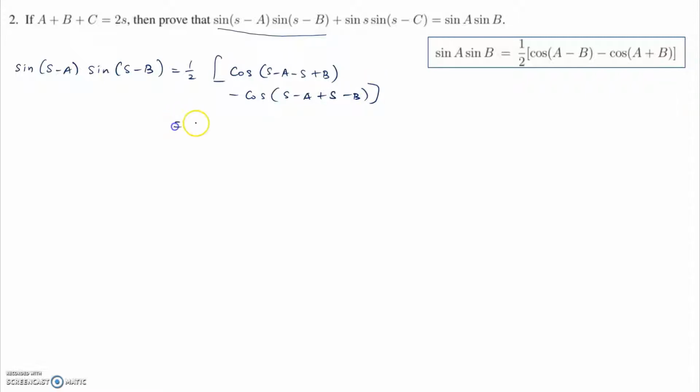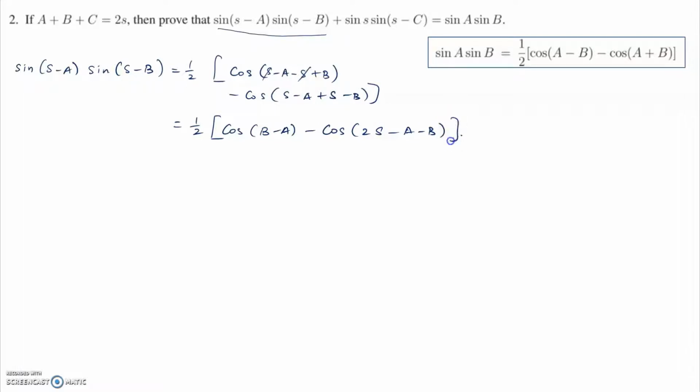That is equal to half of, within bracket, the s and s get cancelled. So, you are left with cos(b minus a) minus, s and s will become 2s, cos(2s minus a minus b).